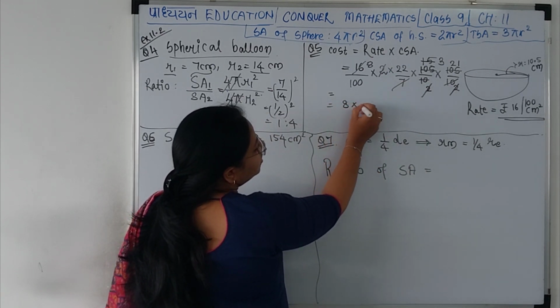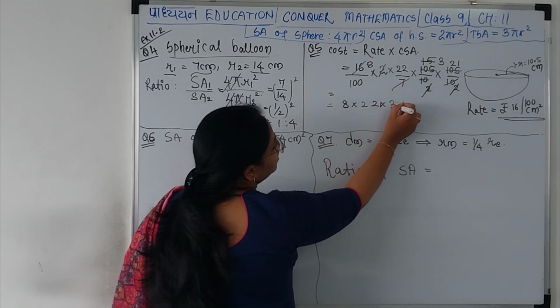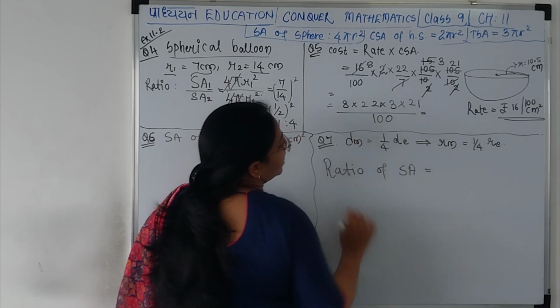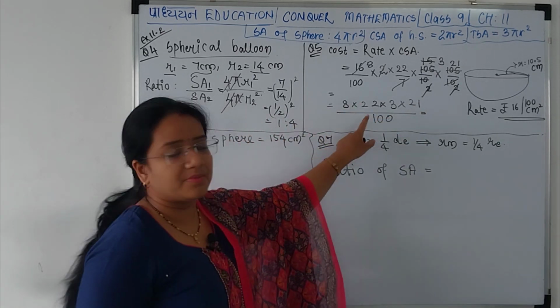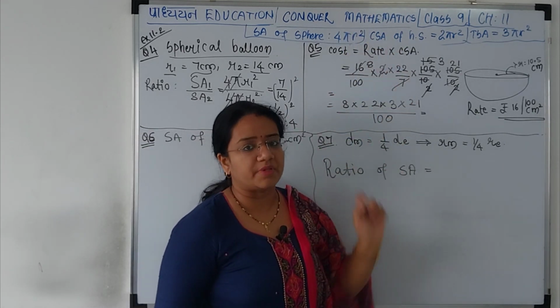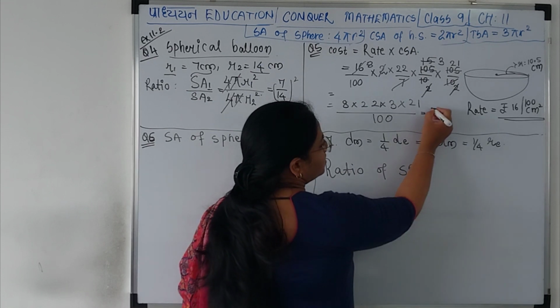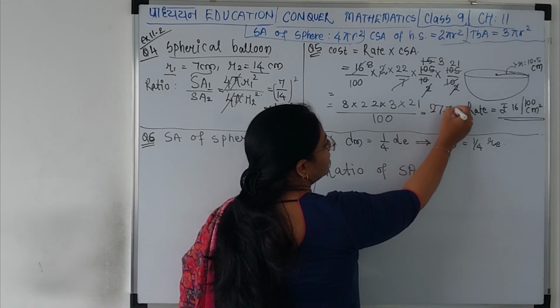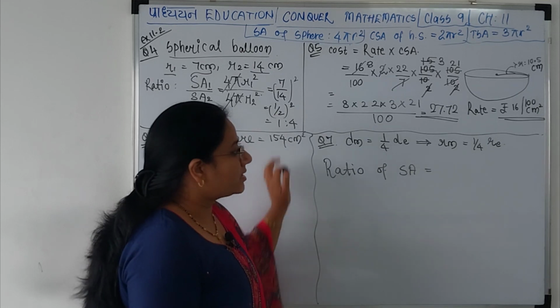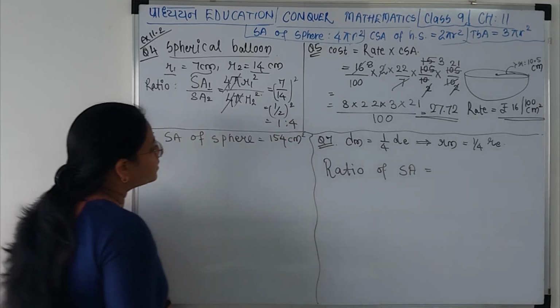It is 8 into 22 into 3 into 21 upon 100. Whatever you get the answer, you simply have to multiply and put 2 decimal points. You will get your cost of tinplating. Clear? Which comes out to be 27.72 rupees. Okay, 27 rupees 72 paisa. That is your answer.